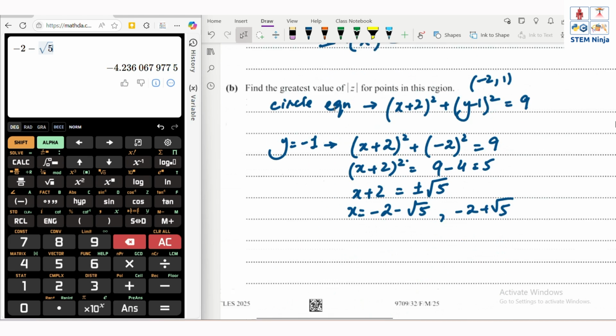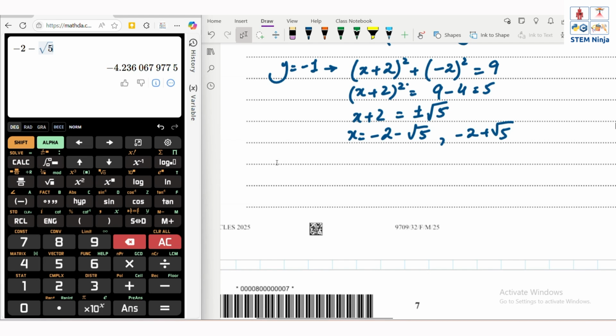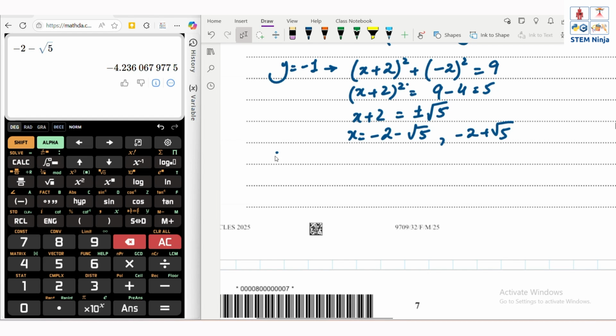So this is the answer that we're looking for. Therefore, z is going to be -2 minus root 5 minus i. Okay, so this is the complex number.